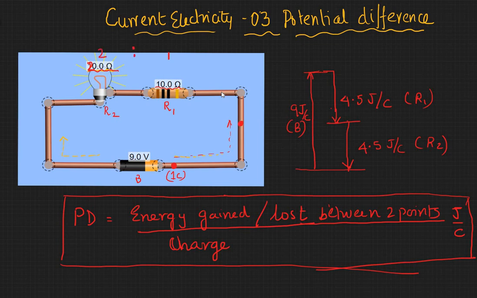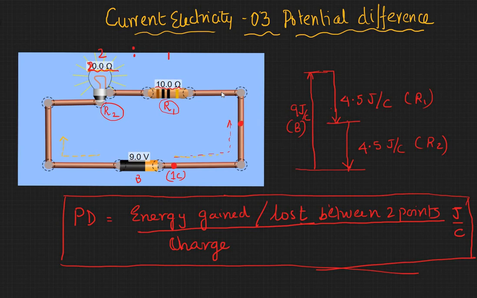So I urge you to pause the video and try to imagine what would be the energy loss ratio of R1:R2, and how much energy would be lost across R1 and how much across R2, by the simple fact that the resistances offered are in the ratio 1:2. So pause the video and give it a try.